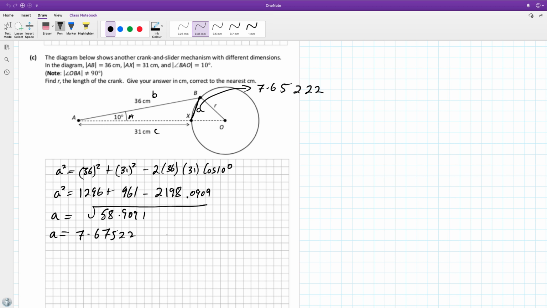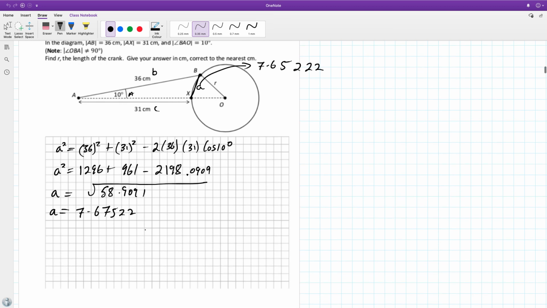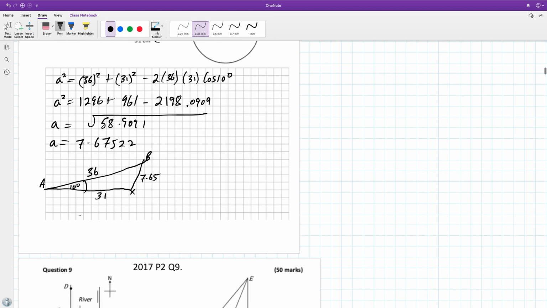Right, so B A X. This is 36, 10 degrees. A is 7.65, and this is 31. So we say 36 over the sine of x is equal to 7.65 over the sine of 10 degrees, isn't it?